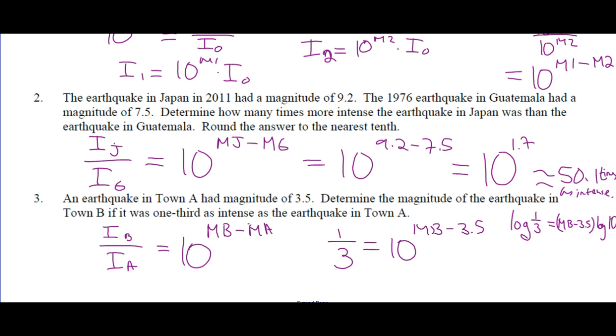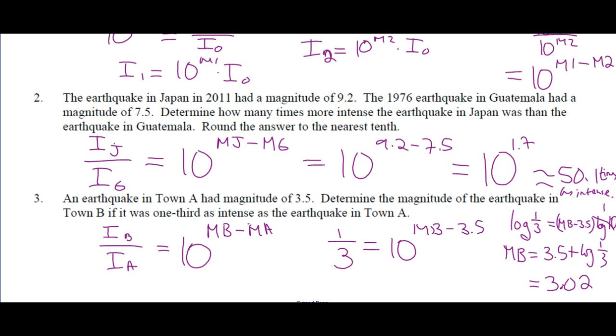Now, the nice thing about using log when you've got a power of 10 here is that log of 10 is equal to what? 1. So that's just a 1. So when 10 is your base, you log both sides, log of 1/3 is this, and then you just plug in. So the magnitude of B will be 3.5 plus the log of 1/3, and that equals 3.02.